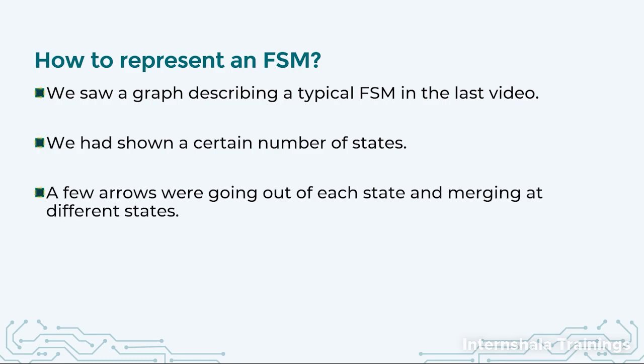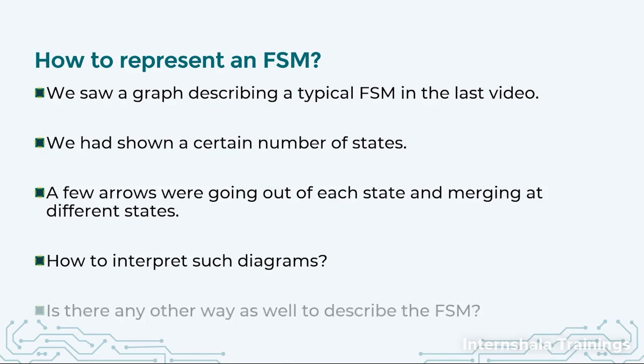We had a few arrows which were going out from a few states and they were merging back at a different or the same state. Now, how do we interpret such diagrams, and is there any other way that we can describe a finite state machine?